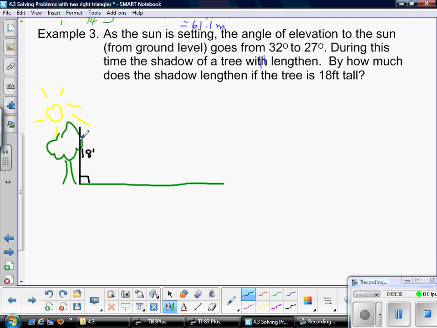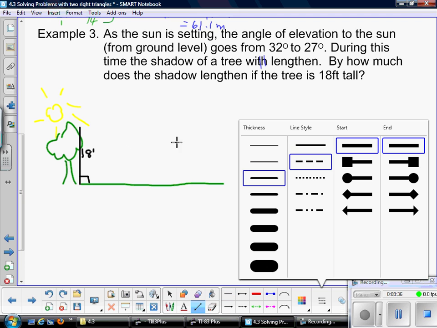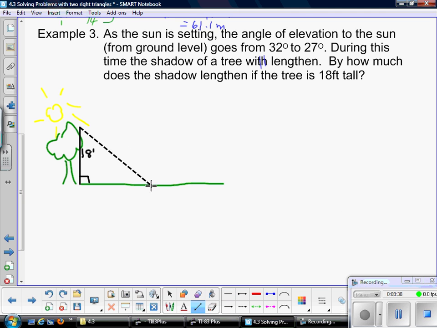And I know that it creates a shadow depending on the time of day. At one point of the day, it creates an angle of elevation, which would be this here, of 32 degrees. And then at another part of the day, the tree doesn't change height, it becomes 27. So it changes over time.